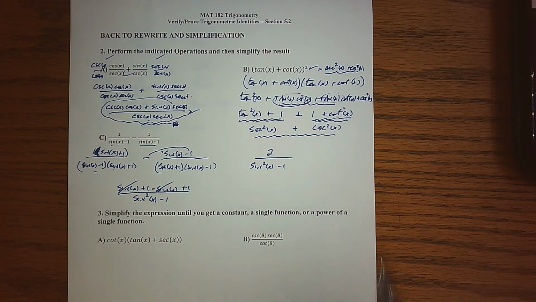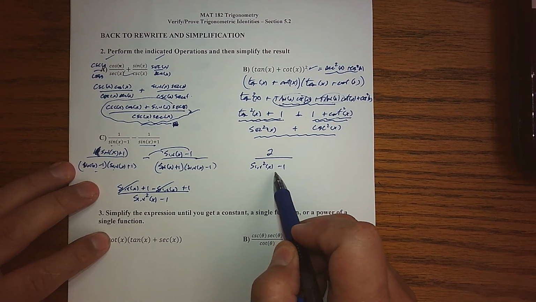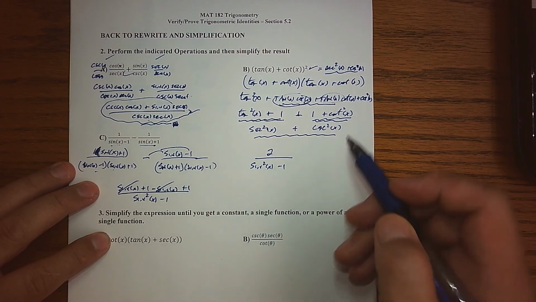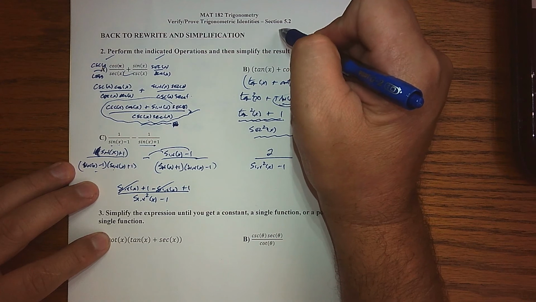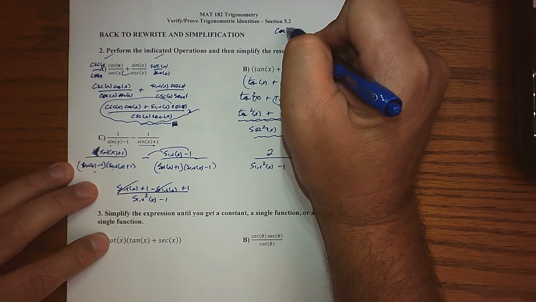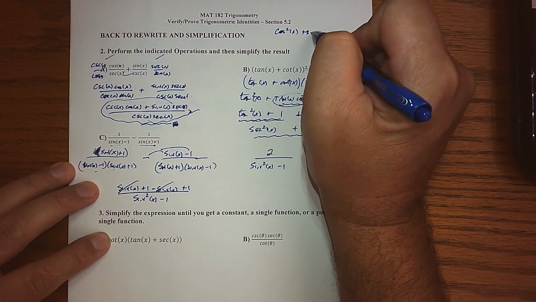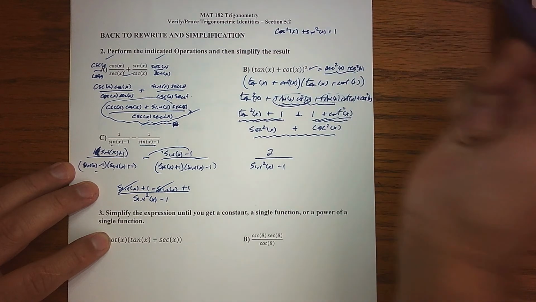So, you know, what could I do next? Well, if we look at this, this is basically your Pythagorean identity, but in reverse. Right? So perhaps let me do some scratch work up here. We know that cosine squared x plus sine squared x is equal to 1.